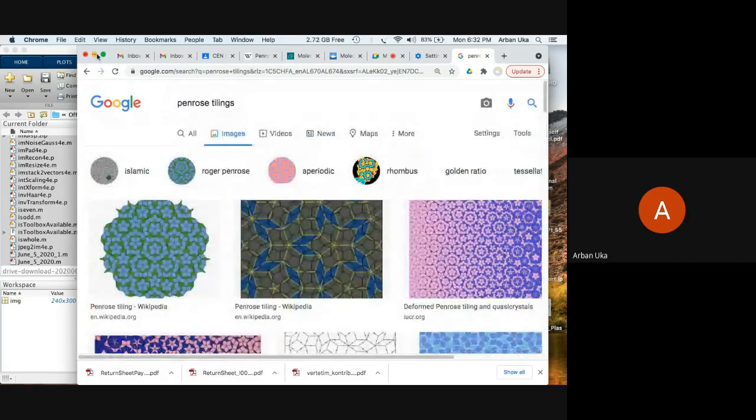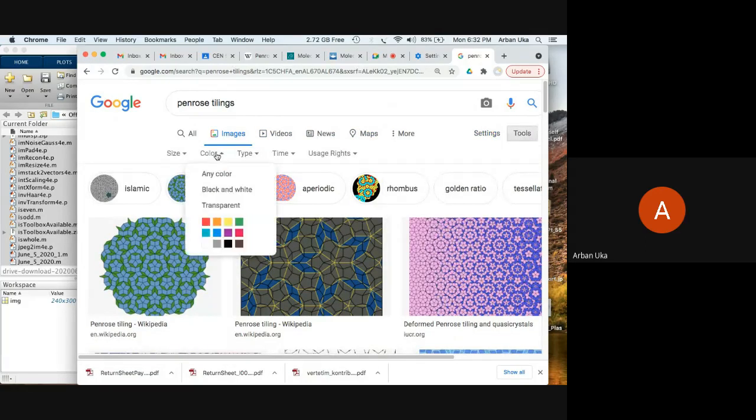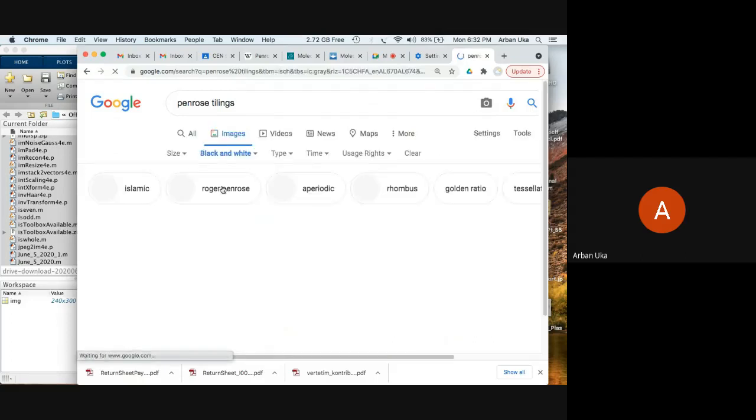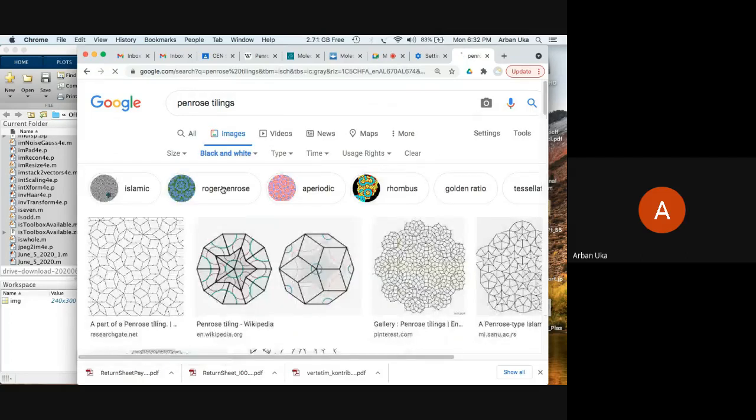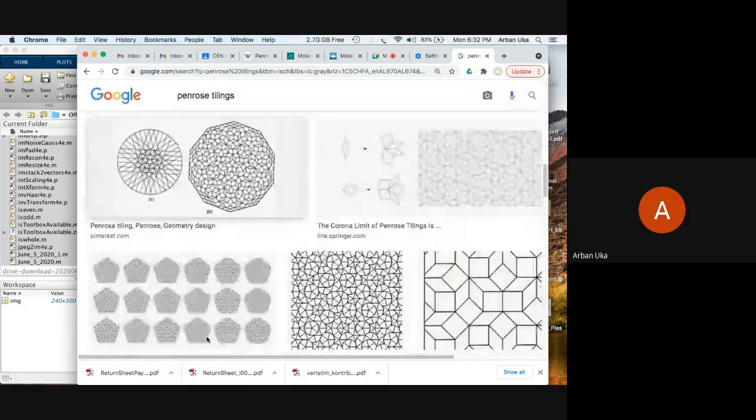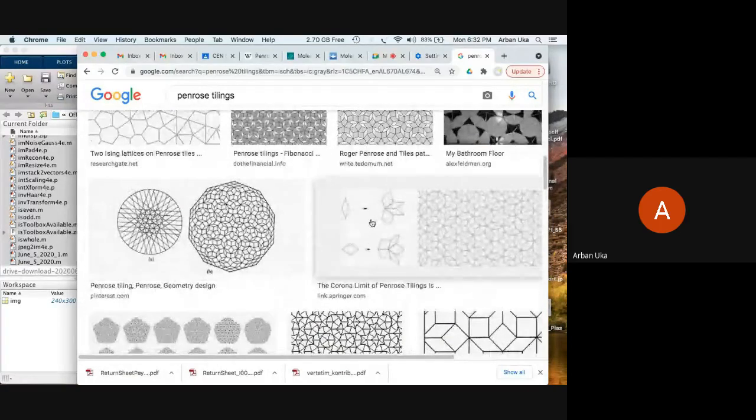Whenever you see such a pattern, with any one of the images shown here, wait a second, black and white would be better to work with. So we see some Penrose tiling, which have some level of difficulty.